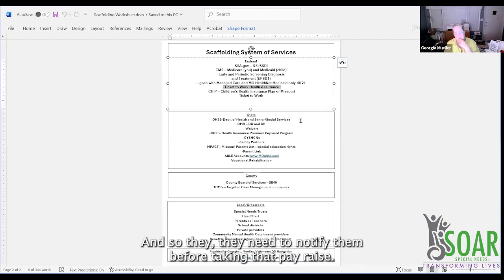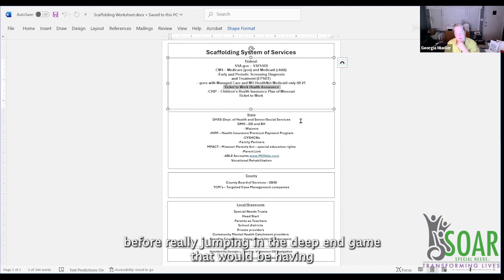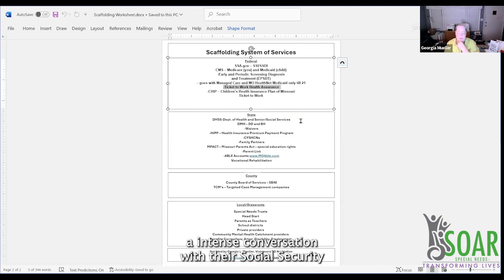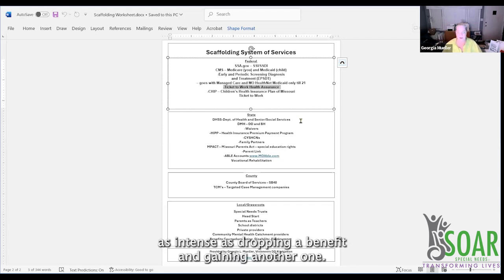So they need to notify them before taking that pay raise, before really jumping in the deep end. They would be having an intense conversation with their Social Security representative to make sure that nothing gets missed. You can stumble into it by accident, but I don't recommend it. I really recommend that you plan anything as intense as dropping a benefit and gaining another one in advance.